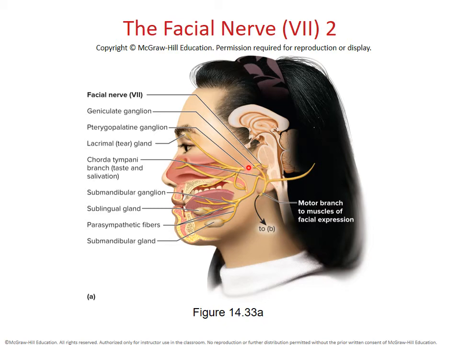And you can see, again, serving all portions of the face for facial expression, and again also serving in its parasympathetic function, serving some of the salivary glands, tear glands, etc.